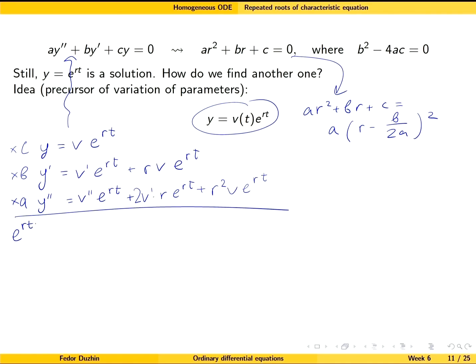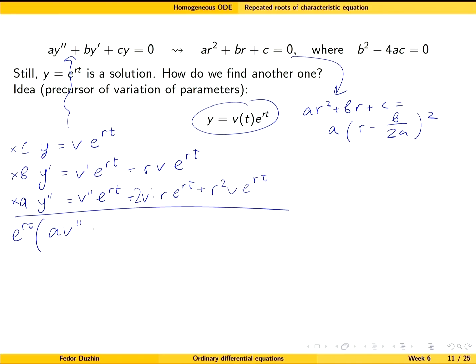So e to the rt times the left hand side of the differential equation. Let me combine all terms with v double prime first.